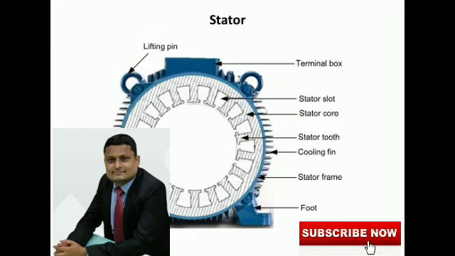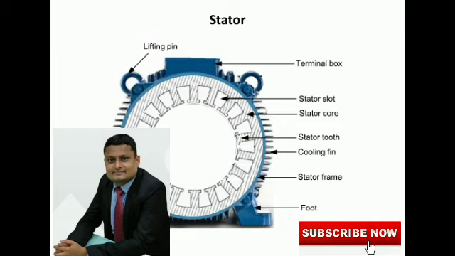Now Tph equals Eph by 4.44 f phi Kw, equals 400 by 4.44 into 50 into 48.13 into 10 to the minus 3 into 0.955. Please calculate the value.